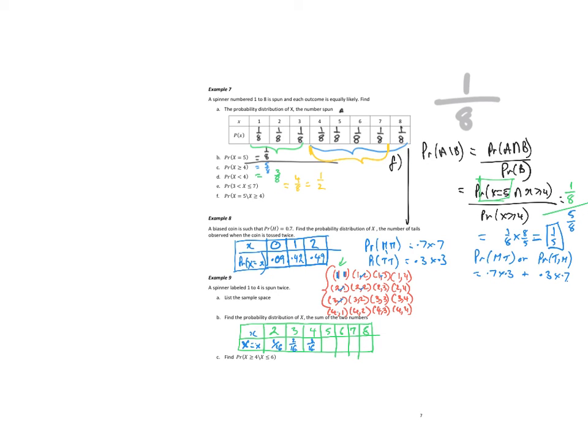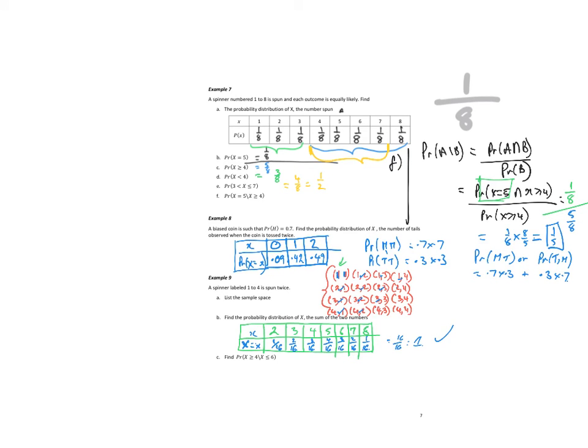By having them all listed, it's very easy to count up the different number of possibilities. If I've done it right, 1 plus 2 plus 3 plus 4 is 10, plus 3, 2, 1 is 16. They all add up to 1, so I'm pretty confident I'm on the right track.